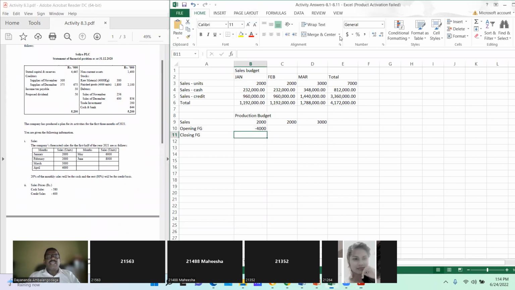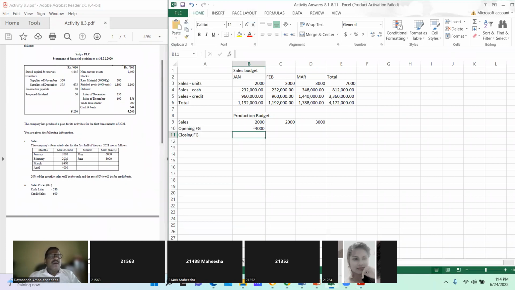Now we are in January end, so it's really 5,000. Then this would be the opening stock of the next month. And February month would be March and April finished goods, that is 7,000.